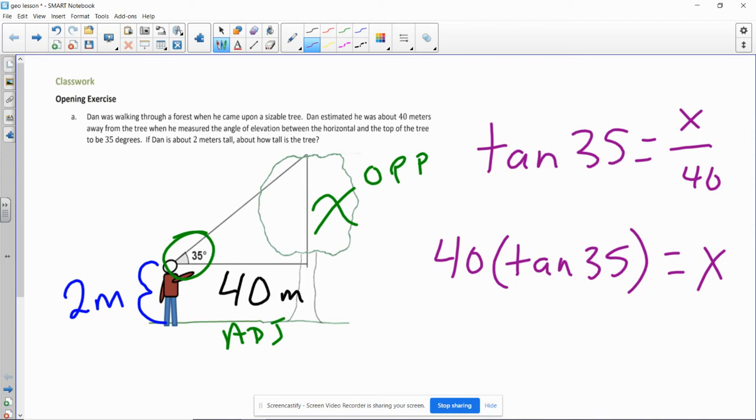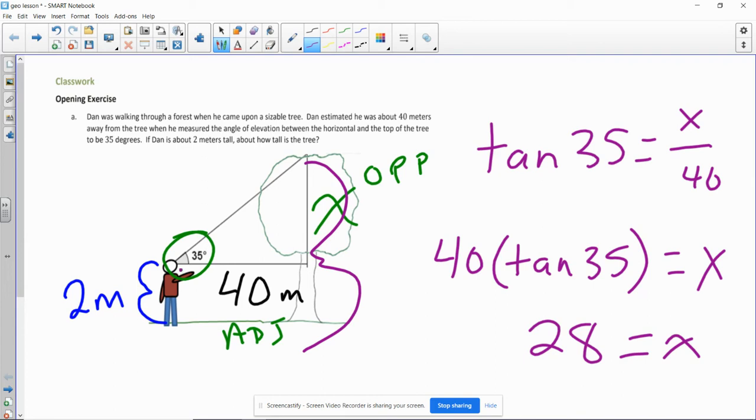And when I multiply 40 times the tangent of 35, I get 28. So 28 meters is the height of the entire tree. I have to consider Dan's height into where his eye level is.